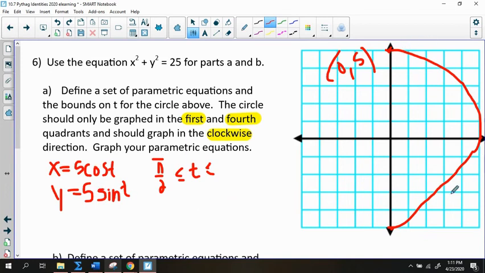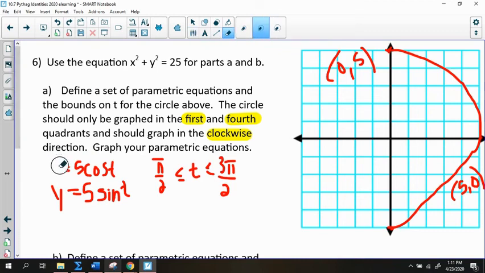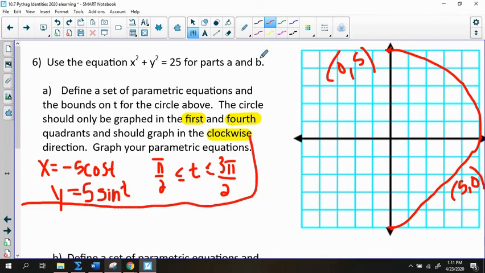Now I want it to go this way, so I want to have the point 5, 0 next. So if I go to pi, because that would be the next thing in this window that I have, if I go to the pi value, cosine of pi is a -1, which means this actually gives me the point -5, which means I need to put a negative out front of this to make it go in the direction I want. Okay, so this is one option.